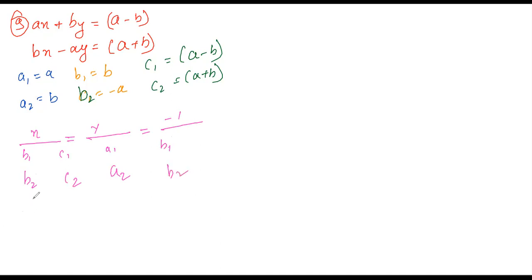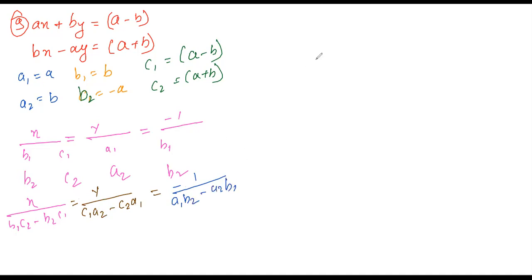So x by b1 c2 minus b2 c1 equals y by c1 a2 minus c2 a1 equals minus 1 by a1 b2 minus a2 b1. Okay, now we will solve it individually.